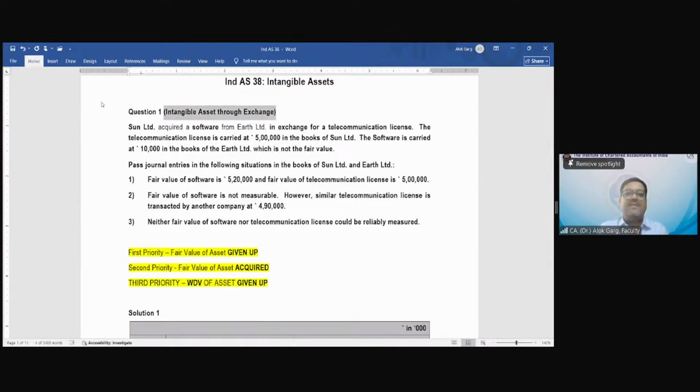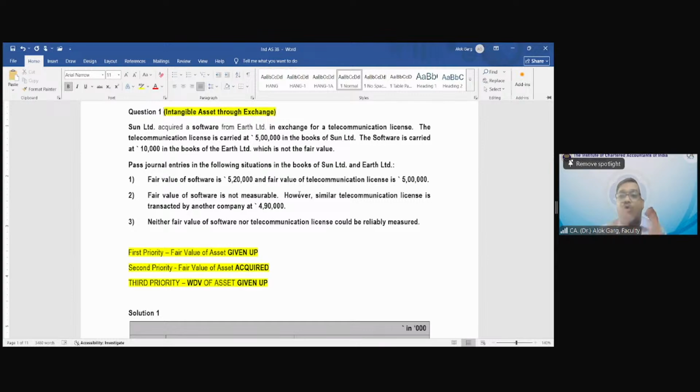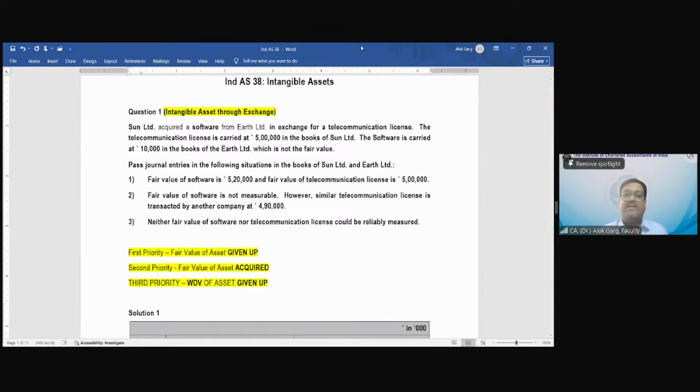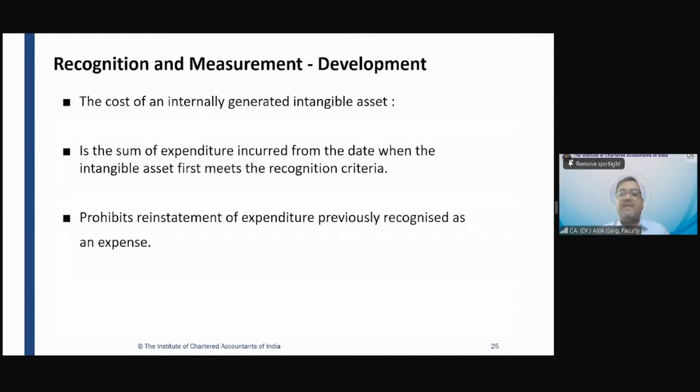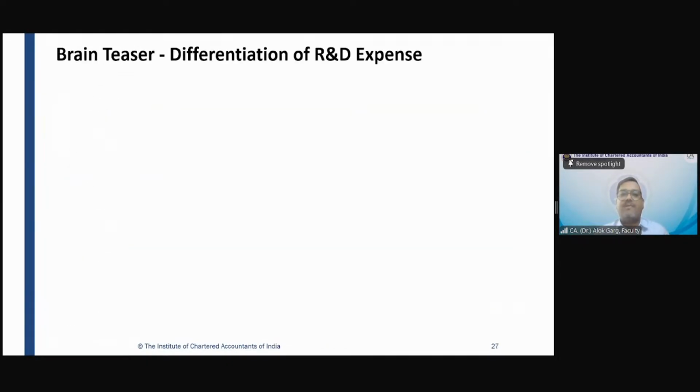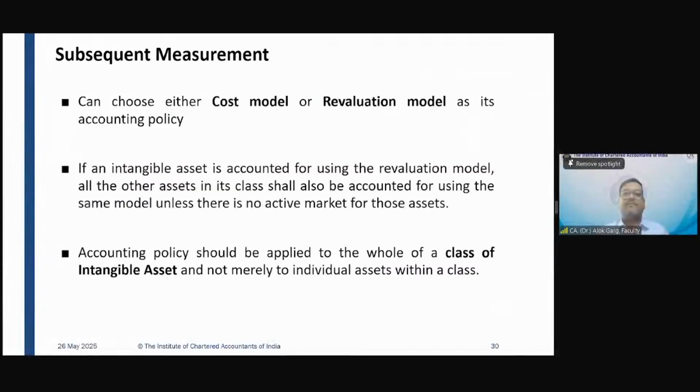Okay, so friends, this is how we have completed the mode of acquisition of intangible assets. We discussed how to measure intangible asset when it is acquired through separate acquisition, business combination, government grant, exchange of asset, internally generated goodwill, internally generated intangible asset, right? This is what we discussed.